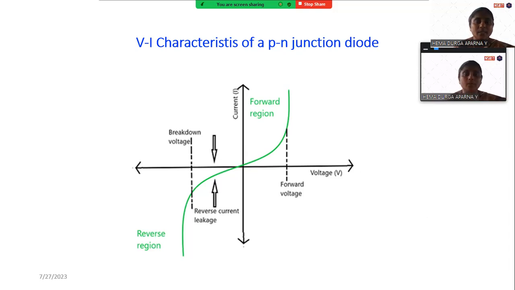And here you will observe two regions, forward region and reverse region. And you will observe two dotted lines, namely forward voltage and reverse breakdown voltage, and you will observe forward current as well as reverse leakage current.